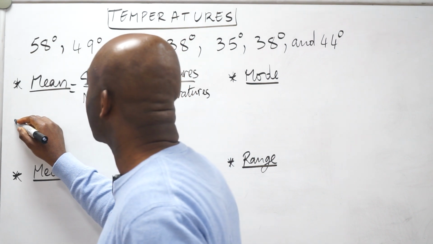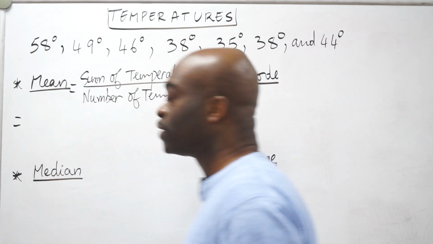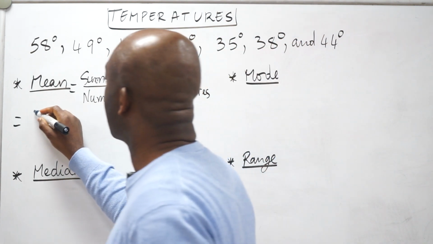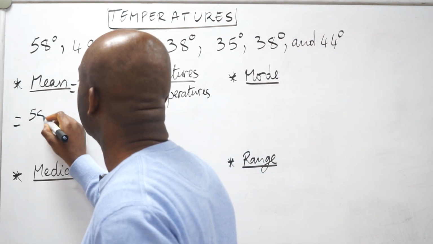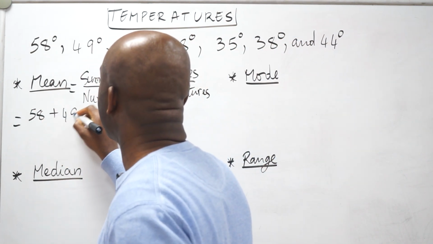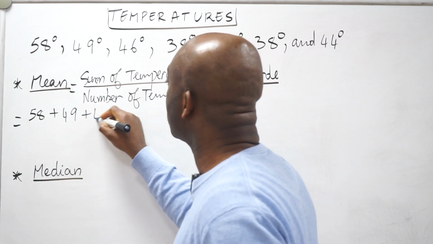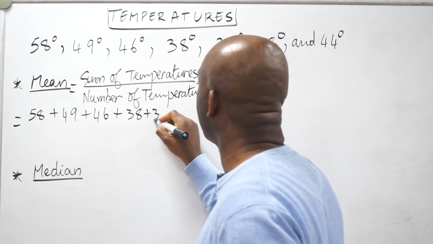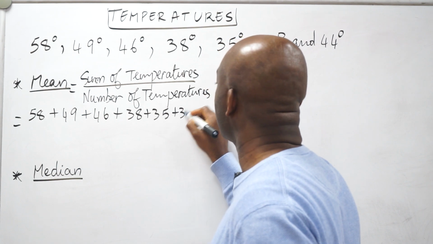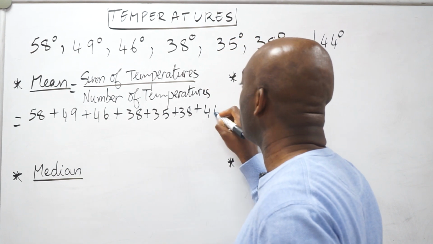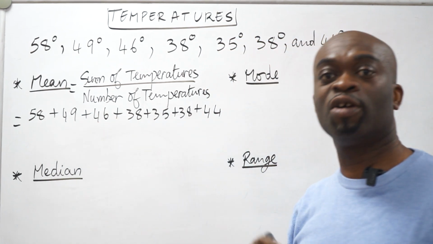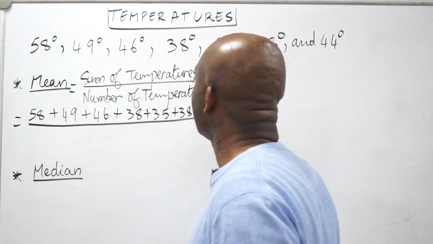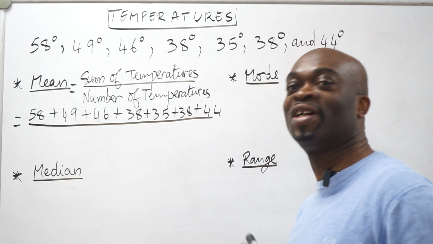For the sake of space, let's go to the left and do the operation down there. We're taking all these numbers: 58 degrees plus 49 plus 46 plus 38 plus 35 plus another 38 and then 44. So we have 7 of these numbers recorded. Then that will be divided by the number of temperatures, which is 7.